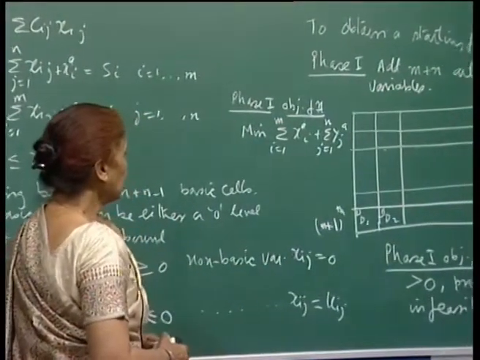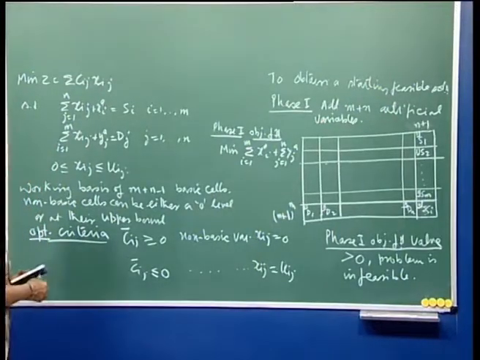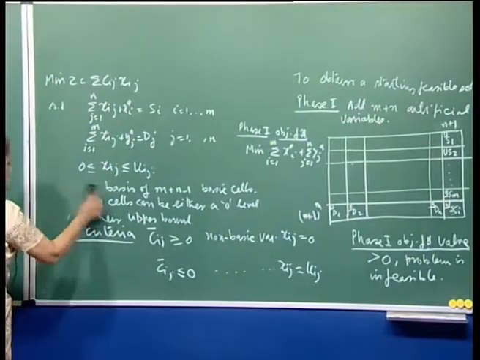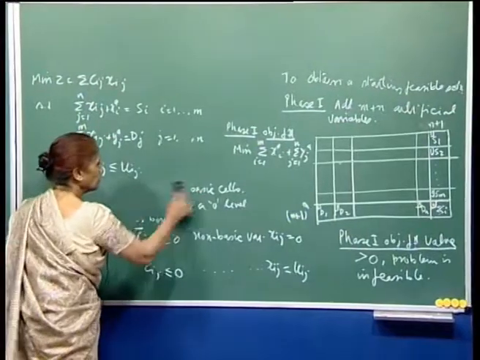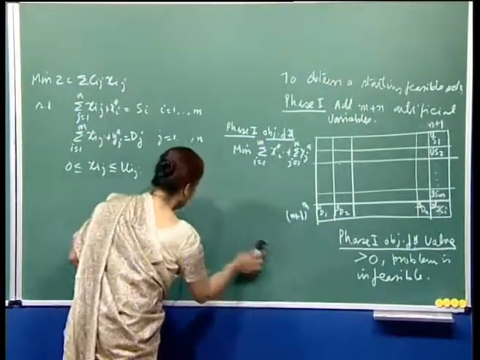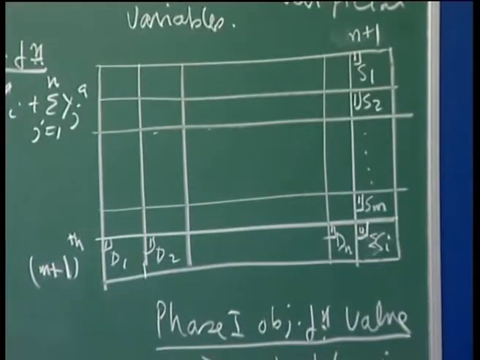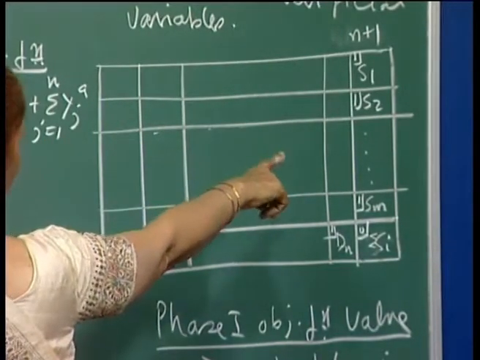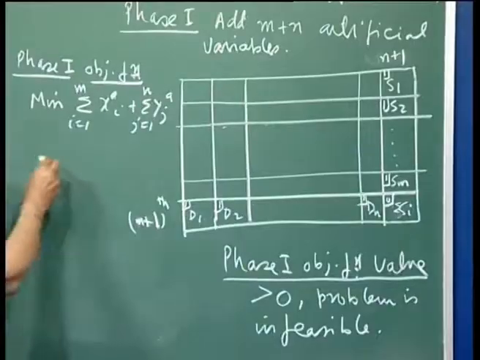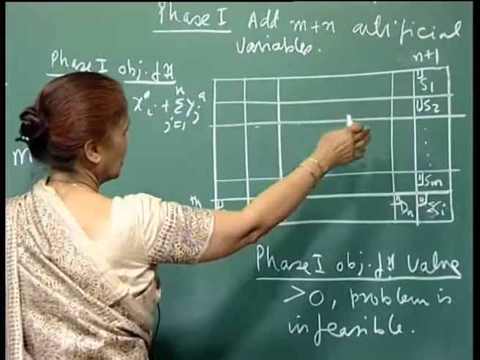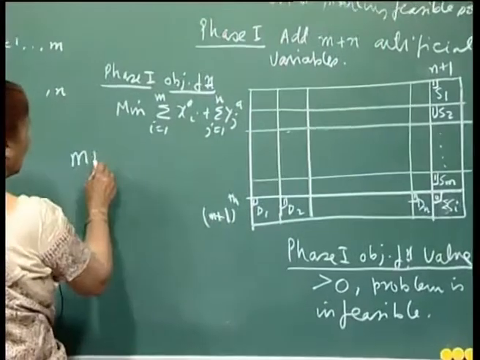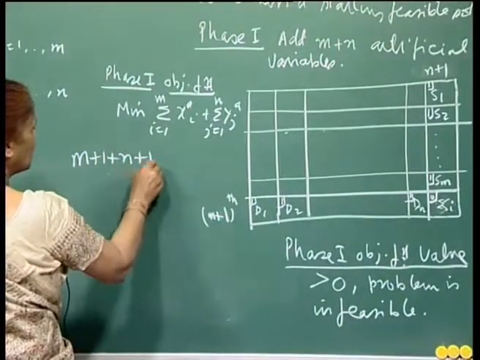Now, it is possible that you may not have exactly m plus n minus 1. So, if you want to keep the arithmetic right, see here in this case, the number of rows became m plus 1, number of columns became this.